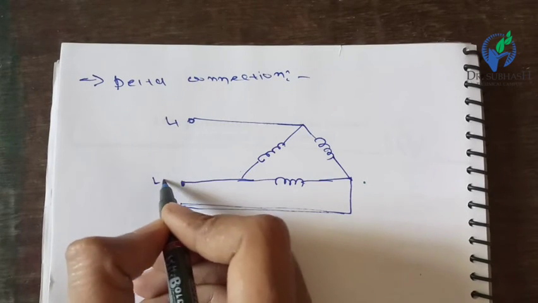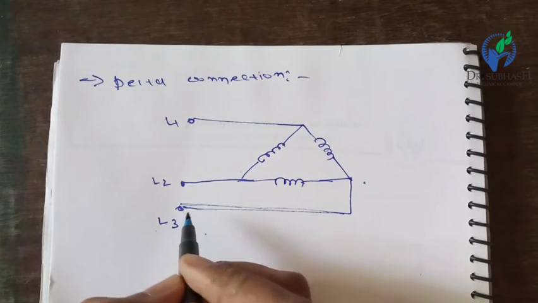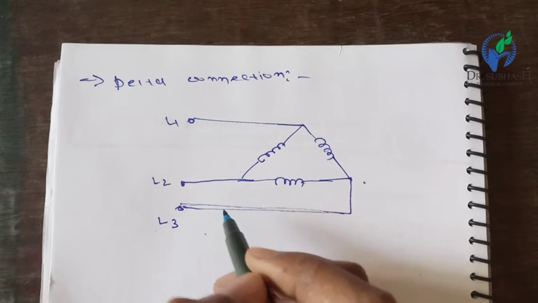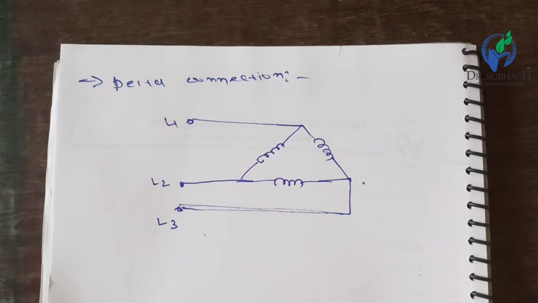The L1, L2 and L3 lines are connected with a delta point. The delta connection has three wires and there is no neutral point. The delta connection is shown with the L1, L2 and L3 lines. The line voltage of the delta connection is equal to the phase voltage.